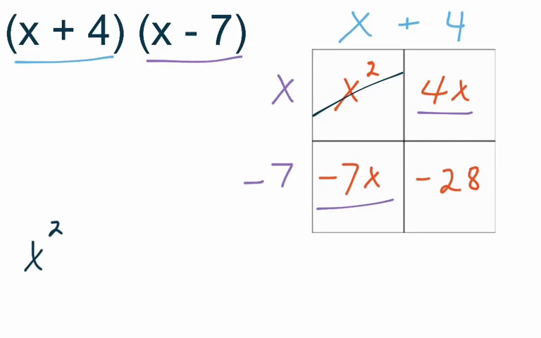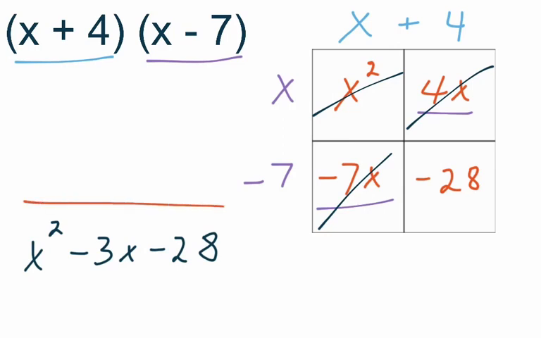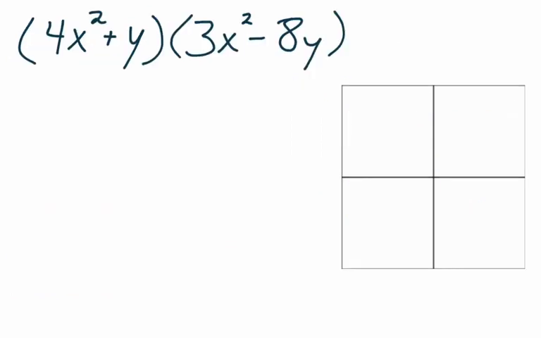So we can combine the like terms here. 4x minus 7x is going to get negative 3x. And then that knocks those out, and I'm just left with that negative 28. So I just put minus 28. And essentially I have multiplied the binomials here, combined the like terms, and I've got the answer to the first one.